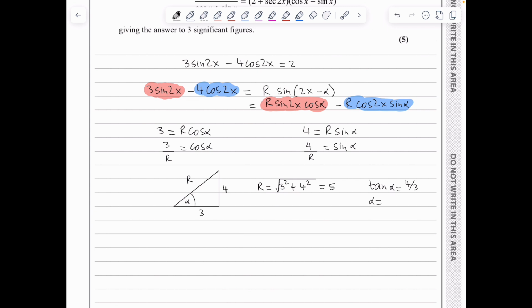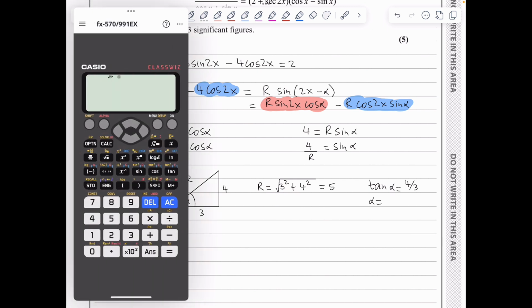So for alpha, I'll do shift tan of 4 over 3. If I get my calculator, shift tan of 4 over 3 gives an answer of 0.927, which I'll be storing on A because I'll be using that later. So STO and A, so it's been stored on my A key here.